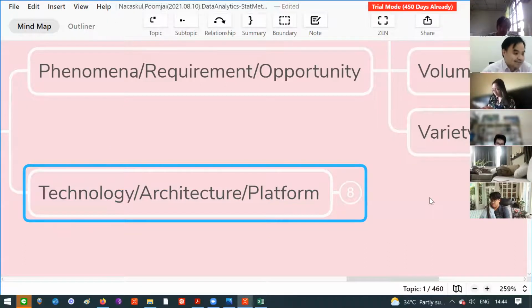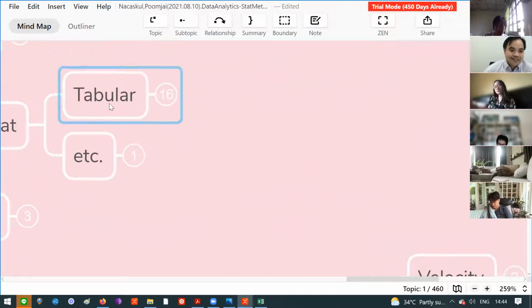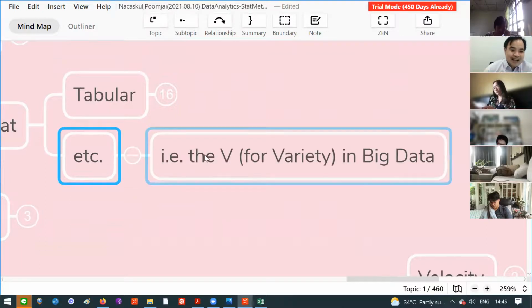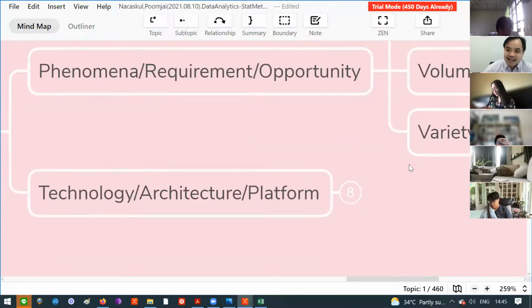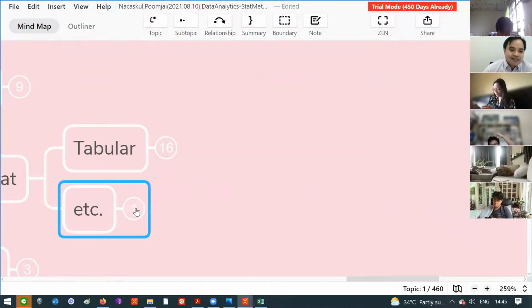Having said that, a majority of data science applications that I see in life still do not take full advantage of this bit. It's still tabular data. You can say that this is a very exciting thing, V for variety, but in terms of application, there's still a lot to do here.